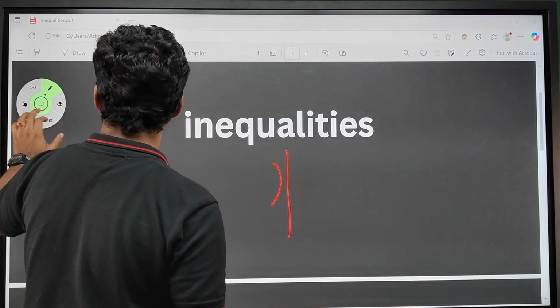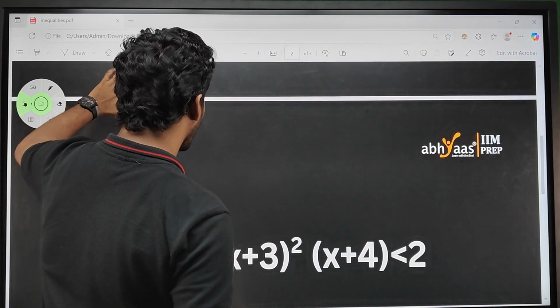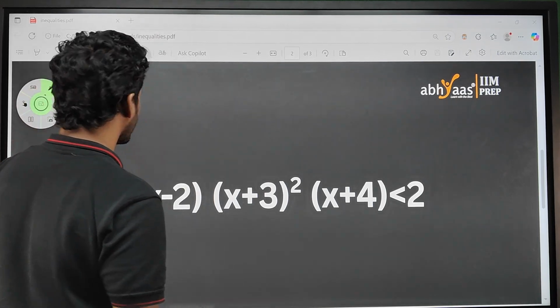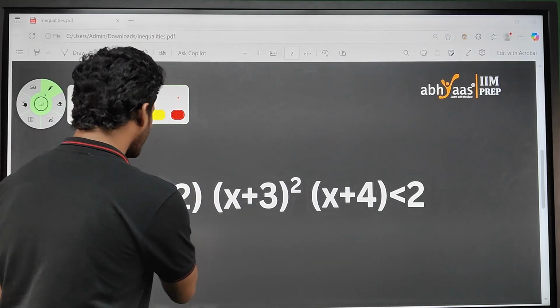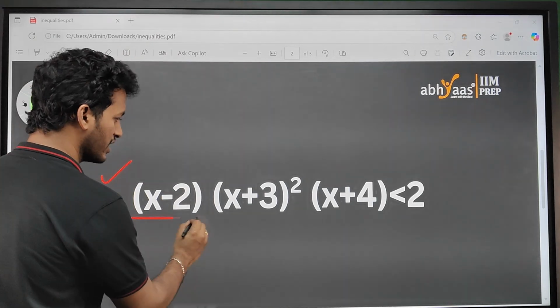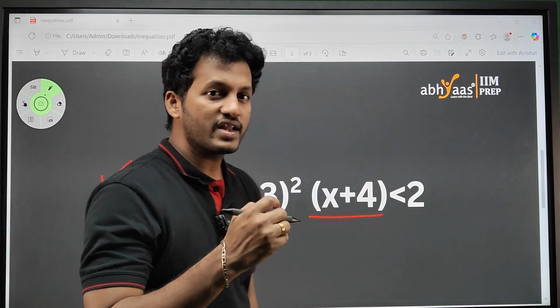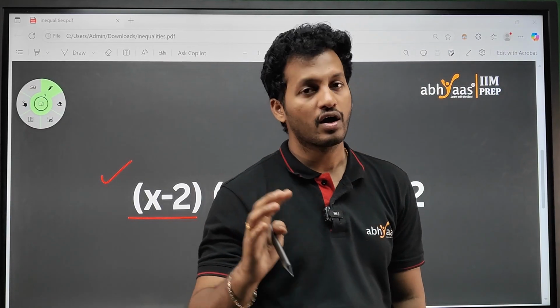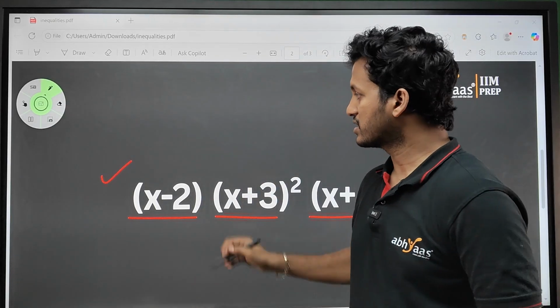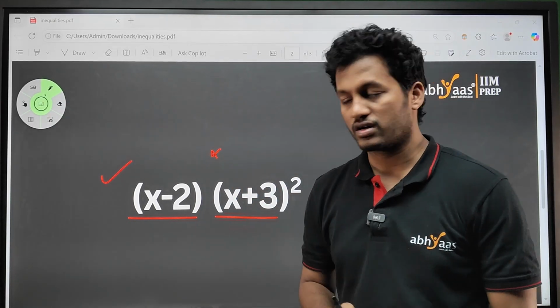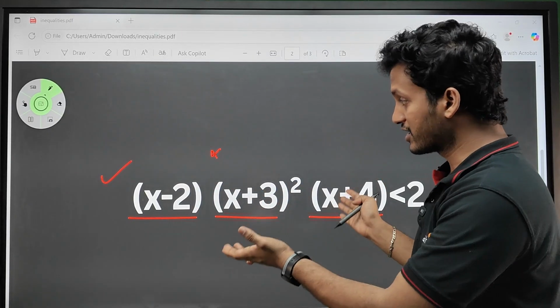So in these inequalities we are going to learn the wavy curve method. In this method, whenever your expression is in this form, you have to find critical points. What if my equation is not in this form?